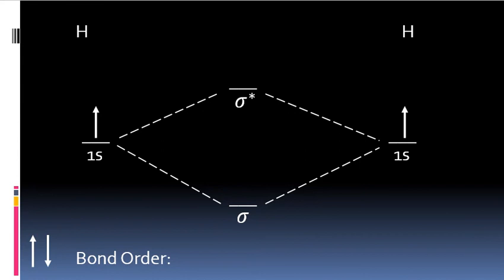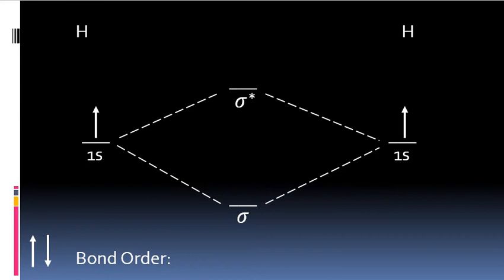For molecular orbital theory, we represent that through molecular orbital diagrams, which is essentially taking those atomic orbitals on the atoms that are bound together and having them disappear to form molecular orbitals. Those molecular orbitals are shown in the center of the diagram.